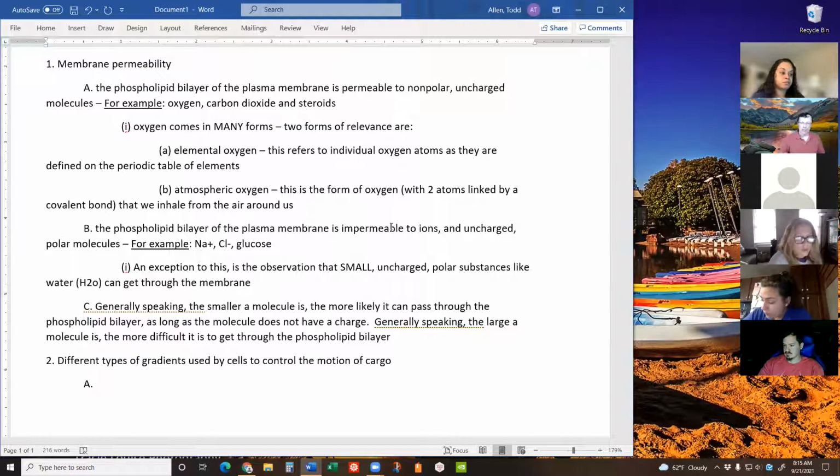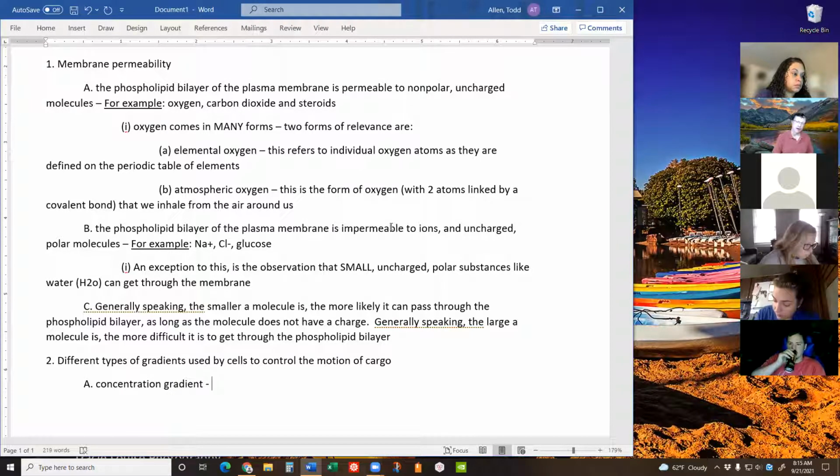All right, we have the concept of a concentration gradient. Okay, now we talked about concentration previously, so I'm going to assume you remember what that is, right? Concentration is the amount of a solute dissolved in a volume of liquid, okay? So a concentration refers to a difference, and that word is so key here.